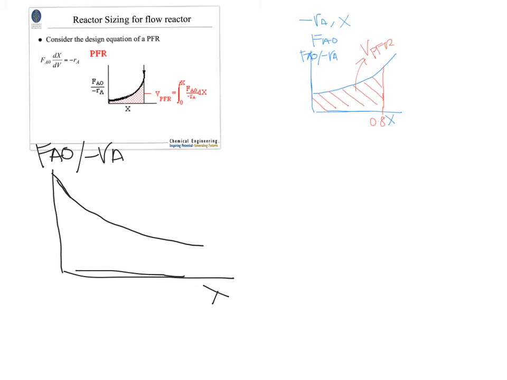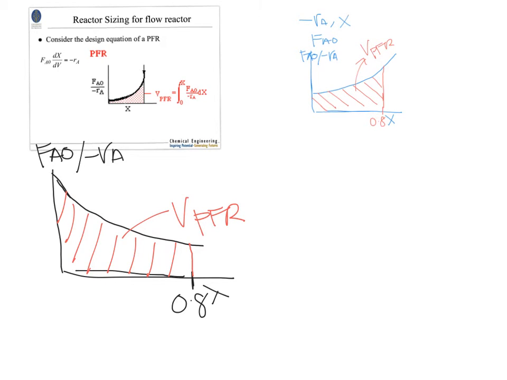So your volume of PFR will be from 0.8 touching the plot, and all the area under the curve, under the graph, will be the VPFR.